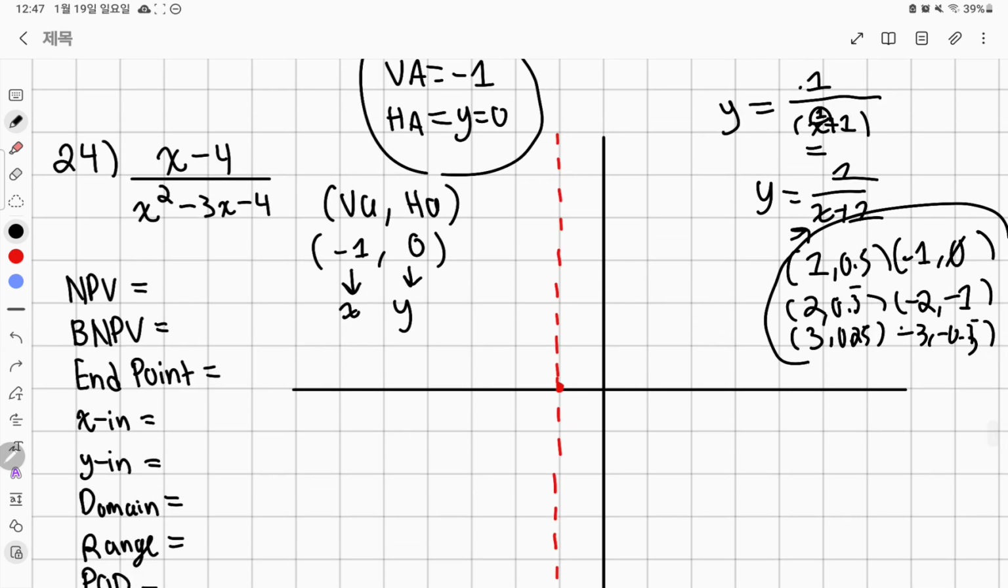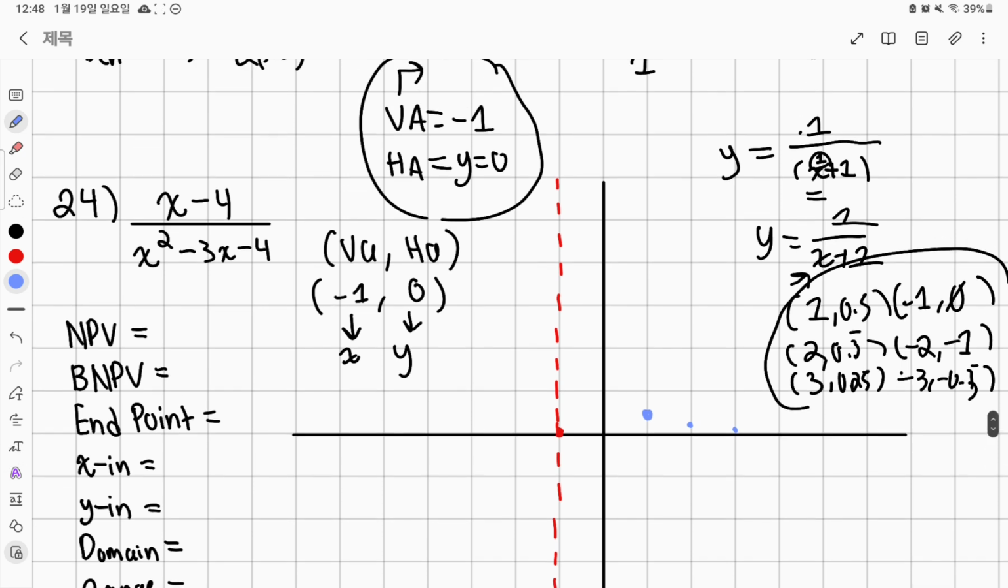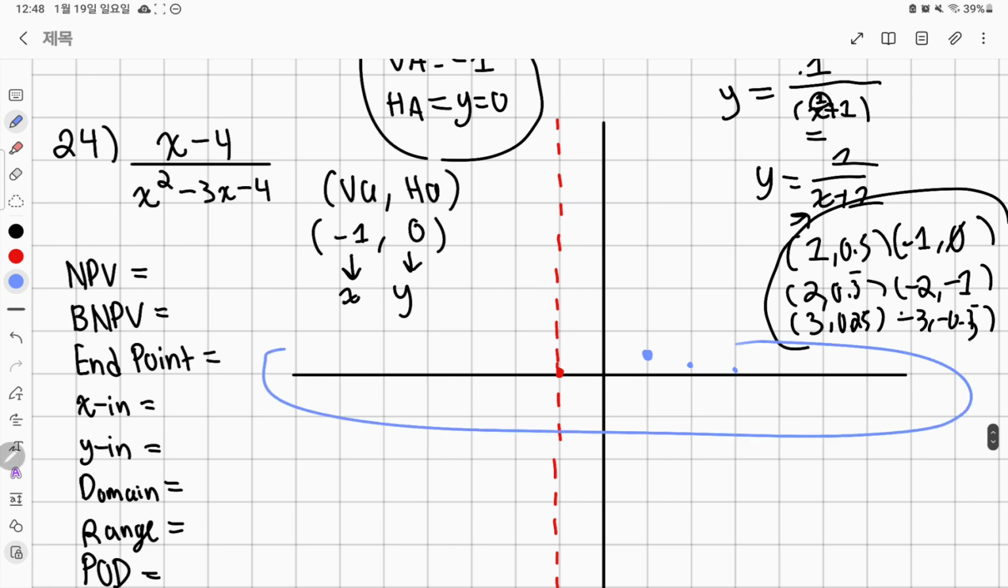Okay, so now what we're going to do is plug these exact same values into our graph. I'll use this blue pen. When it's 1, it's 0.5. When it's 2, it's 0.3. When it's 3, it's 0.25, which is a bit lower than this. And we can't go below this x-intercept because the horizontal asymptote is y equal to 0.